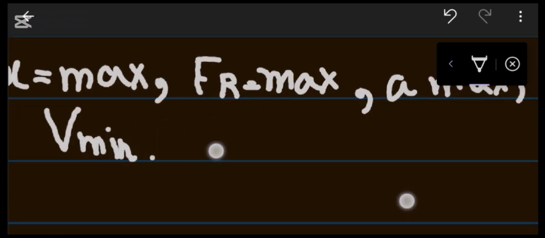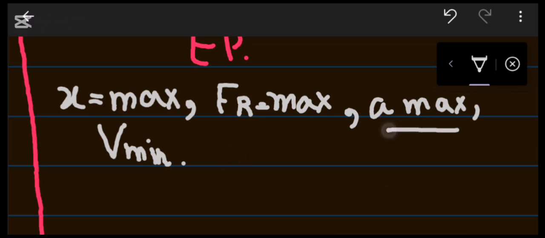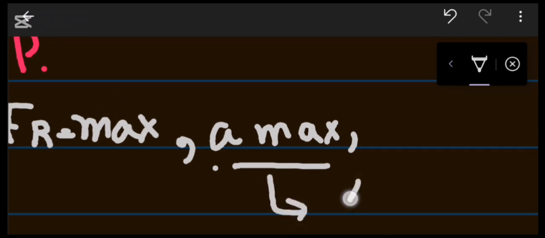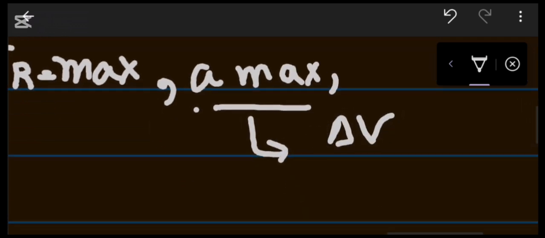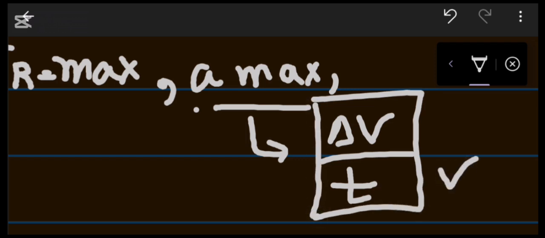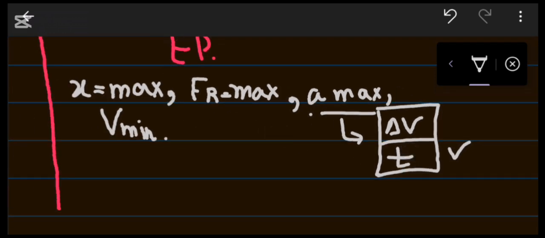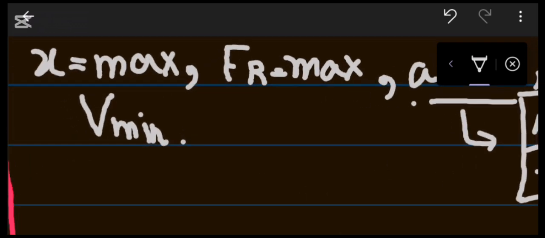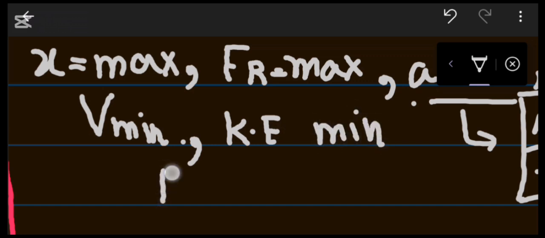Because the acceleration was maximum, and acceleration is change in velocity. तो जो velocity के अंदर change आया था time के साथ, that was maximum, but however the velocity is minimum at the extreme point. Then we have kinetic energy. Kinetic energy is minimum and potential energy is maximum.